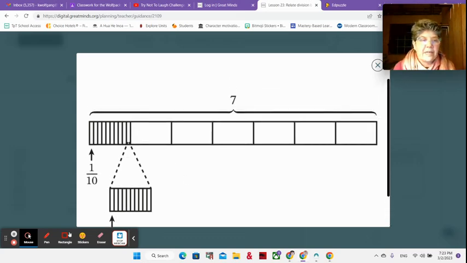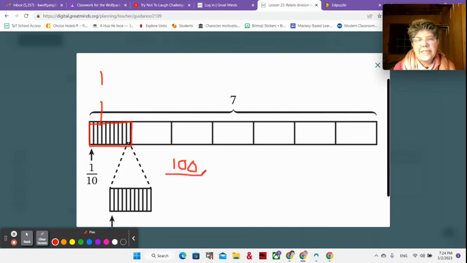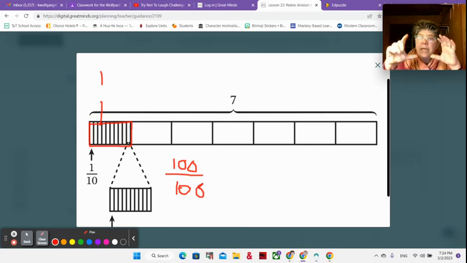So inside of our 1, just like we had on the last one, this is the same as 1. But now we could have 10 tenths or 100 hundredths inside of each one. Think of that block that I'm always showing you and how it's broken into 100 pieces.